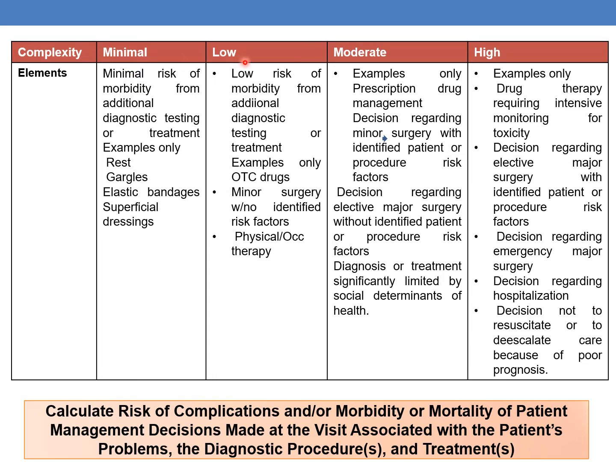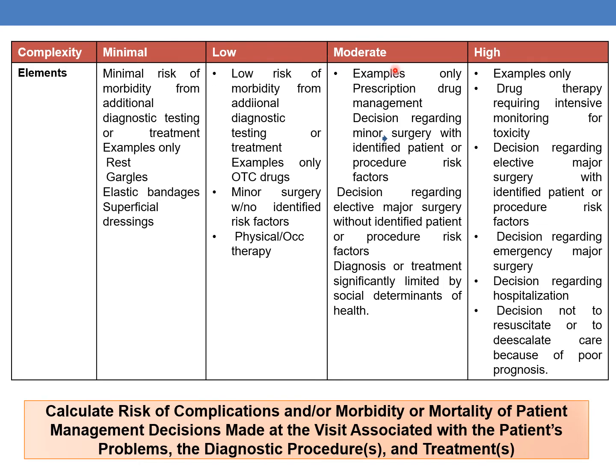Now coming to low complexity, low risk of morbidity from additional diagnostic testing or treatment. Examples include OTC drugs, minor surgery with no identified risk factors, physical or occupational therapy. All these management options lead to low complexity according to risk of morbidity and mortality.